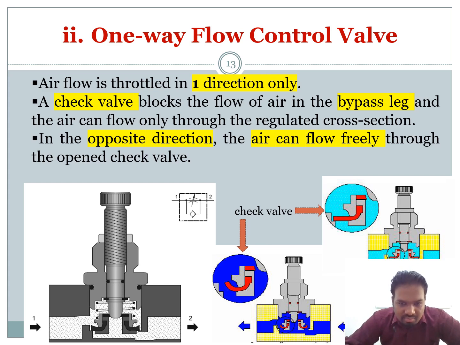If the flow is coming from down, it will push this check valve and the flow will be allowed. If the flow is coming from the opposite direction, it will push this check valve, and no flow will be permitted.